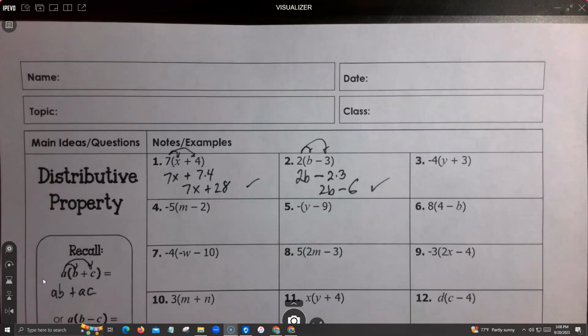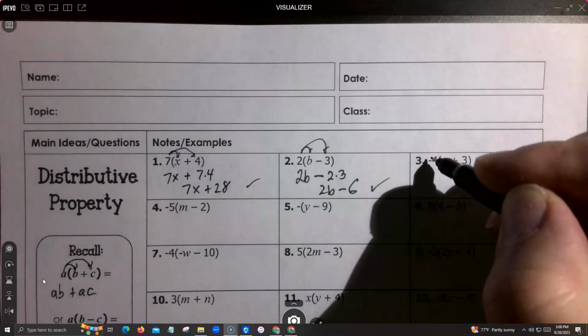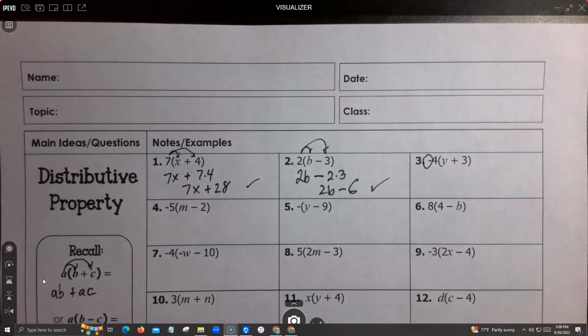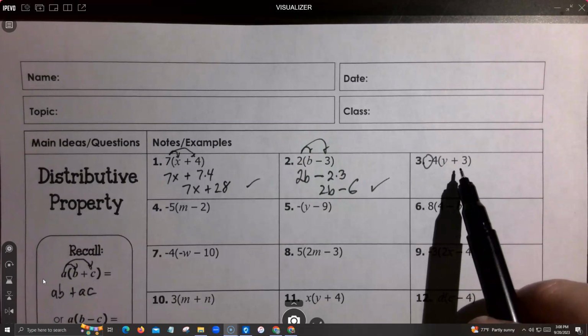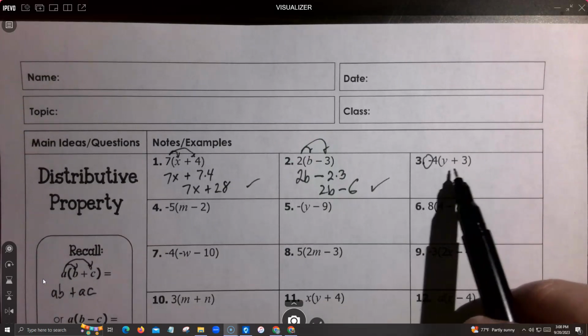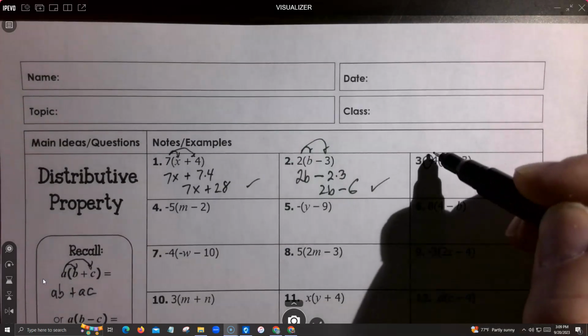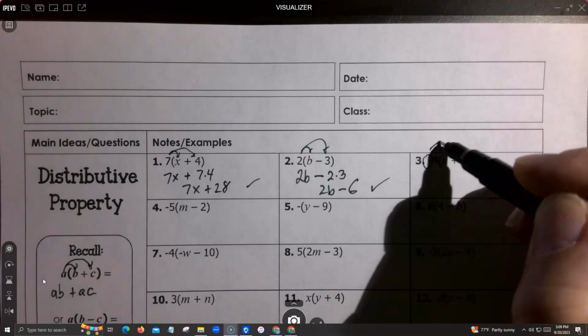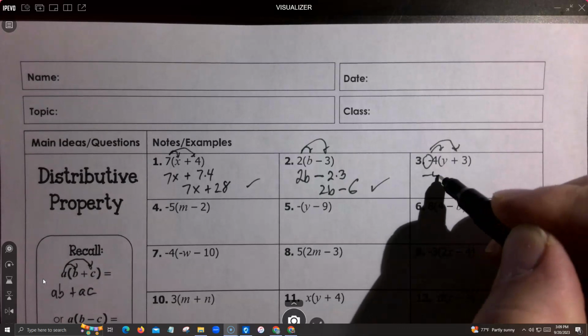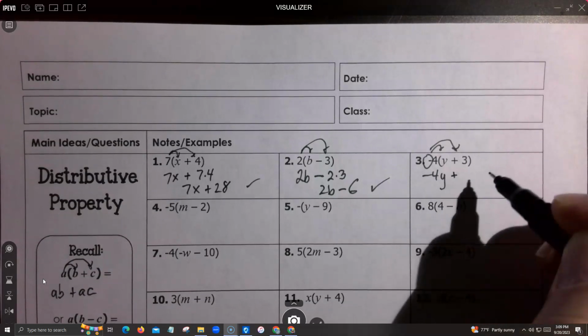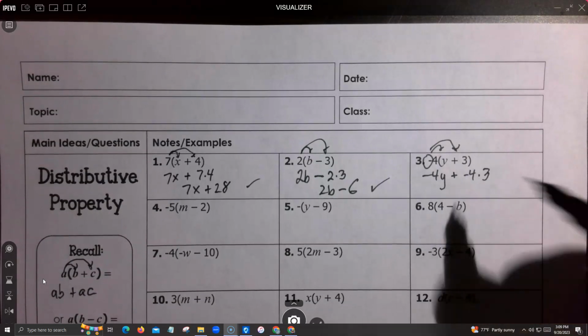All right, number 3. Now, 3 is a little bit difficult because there's a negative in our problem. What a negative will do is change the sign of anything on the inside of the parentheses. So where this is a positive y and a positive 3, these two are going to come out to be negatives when we distribute. So here I go. I'm going to do negative 4 times y plus negative 4 times 3.